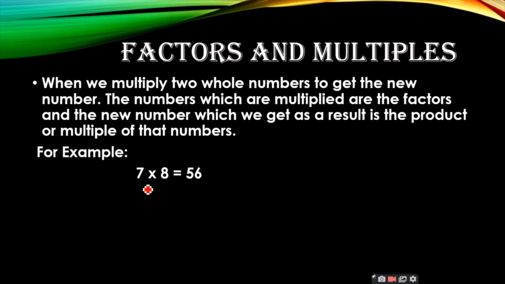Here we have multiplied two whole numbers, 7 and 8, to get a new number, 56. So in this example, 7 and 8 are the factors and 56 is the multiple or product of these factors.